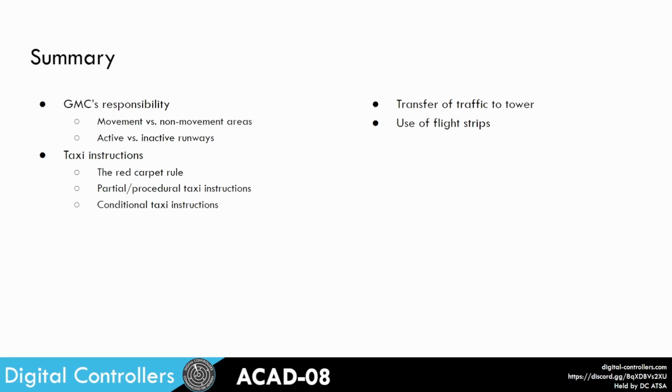We then also had a look at conditional taxi clearances and how we can use them safely to lower our workload. We also had a look at when we want to transfer traffic to tower and the use of flight strips at larger events.